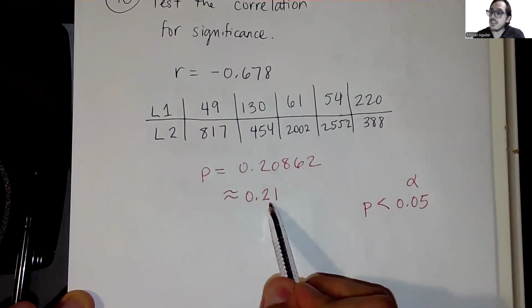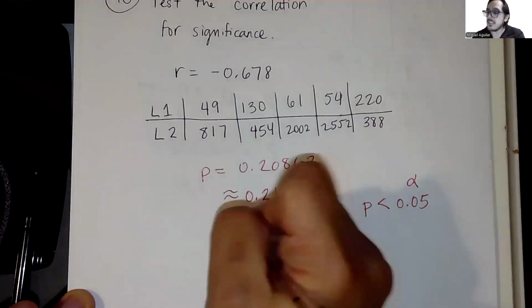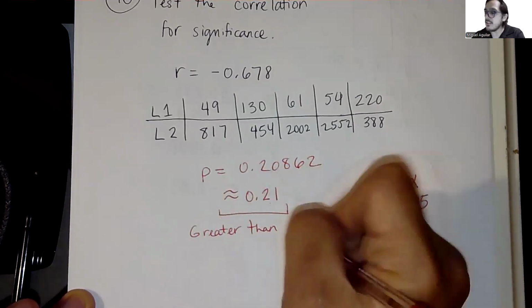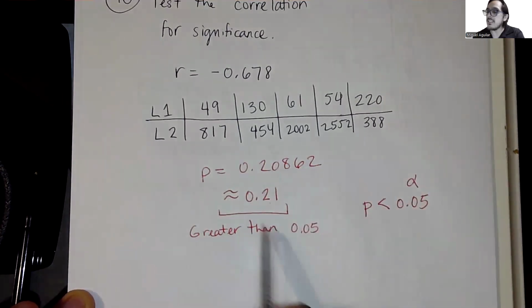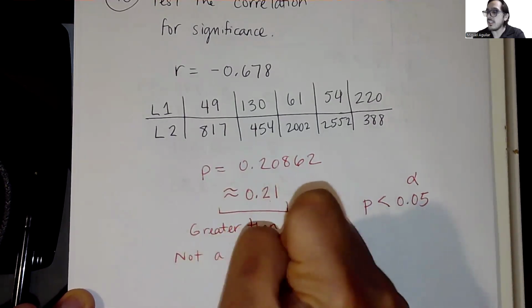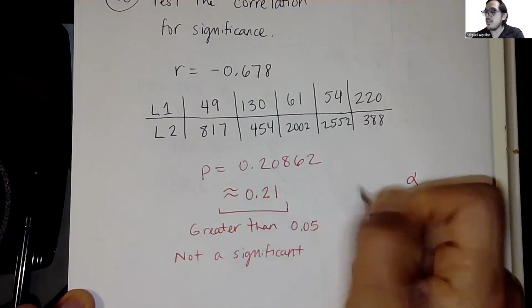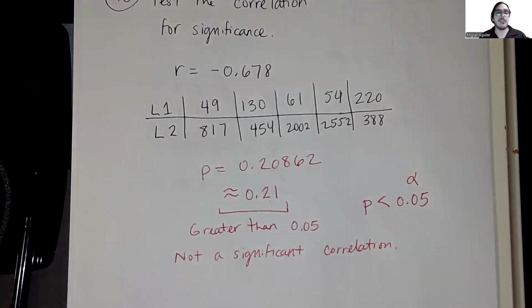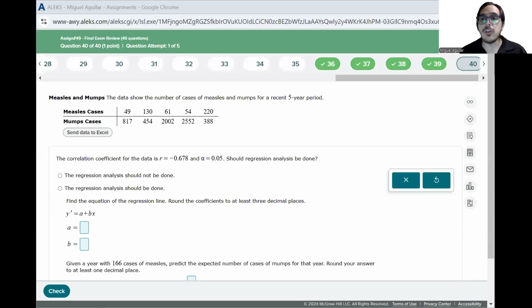But this number is greater than 0.05. And since it's greater than, that means that this is not a significant correlation, not statistically significant. That's going to help us answer this question because we don't have to do the additional work of actually going through a regression analysis if we don't have a significant correlation coefficient.